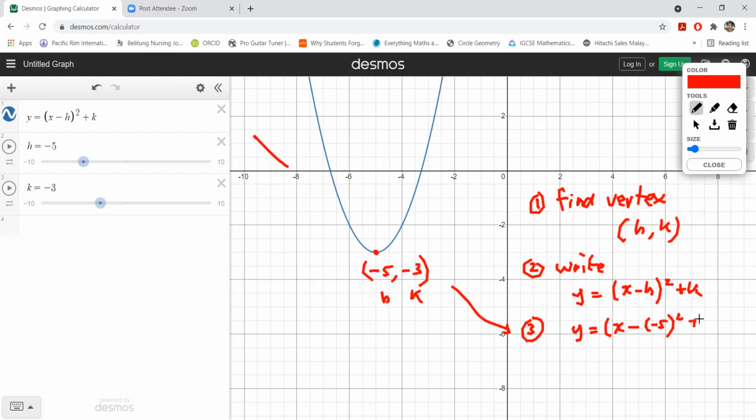So if I went plus -3, it's going to stay -3. The only problem you have is when you subtract a negative here. So y equals (x plus 5) squared minus 3. So this is your equation here for this graph.